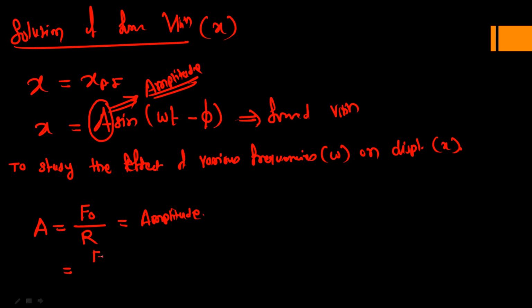So A is equal to F0 upon the square root, if you refer to that triangle, of (k minus m omega square) whole square plus c square omega square. So this is the capital A.